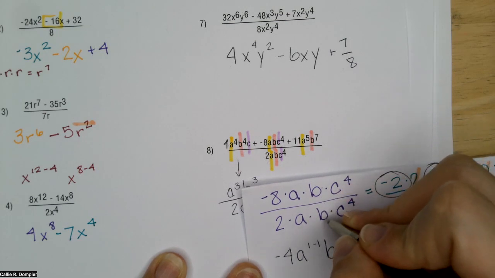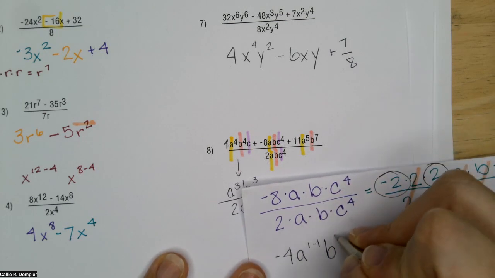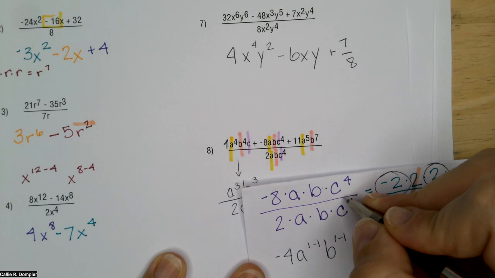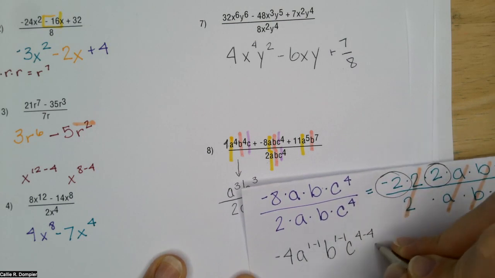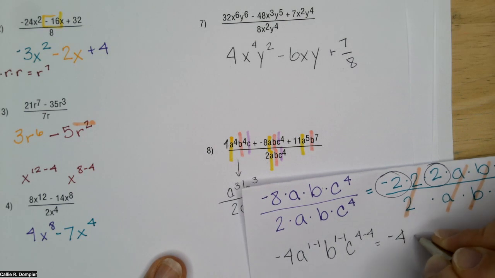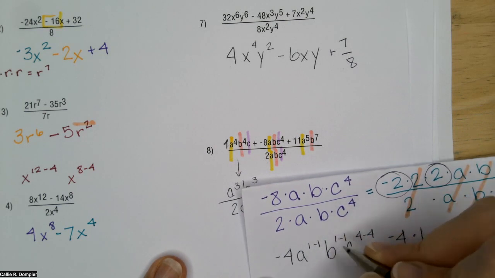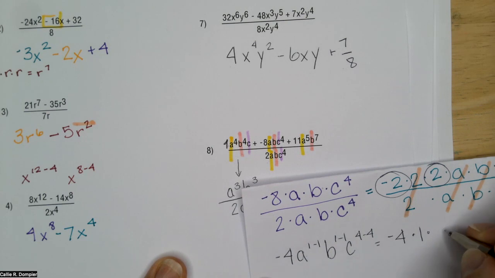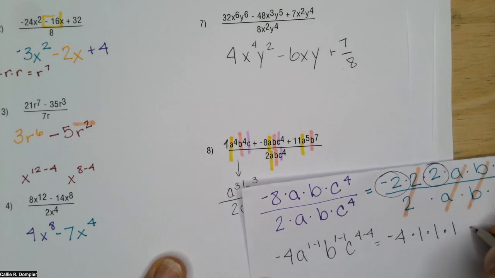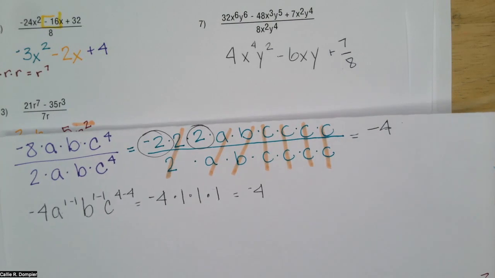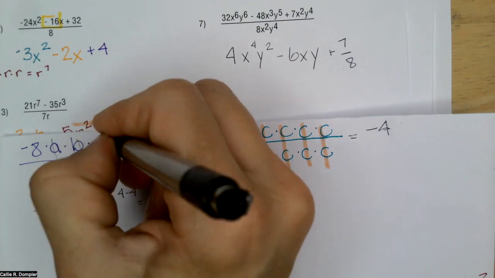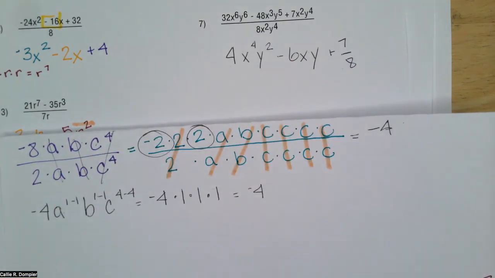B to the power of 1 divided by b to the power of 1 is b to the power of 1 minus 1. C to the power of 4 divided by c to the power of 4 is c to the power of 4 minus 4, which is negative 4 times 1. A to the power of 0 is 1. B to the power of 0 is 1. C to the power of 0 is 1. So that's just negative 4, which is the same answer we had when we did it the long way. Right? That cancels, that cancels. Those are the same, so that cancels.